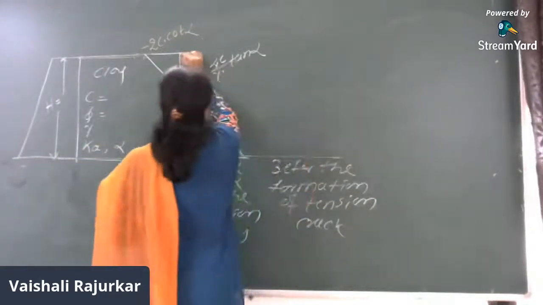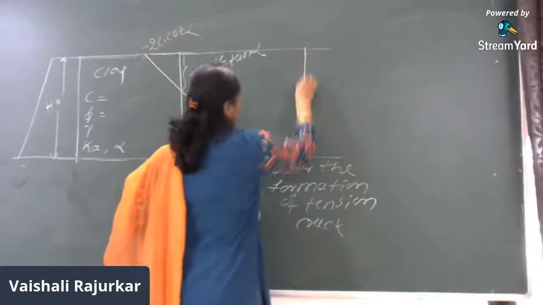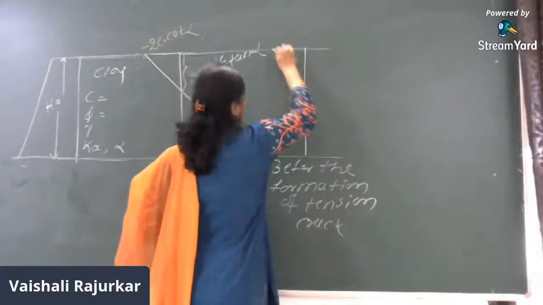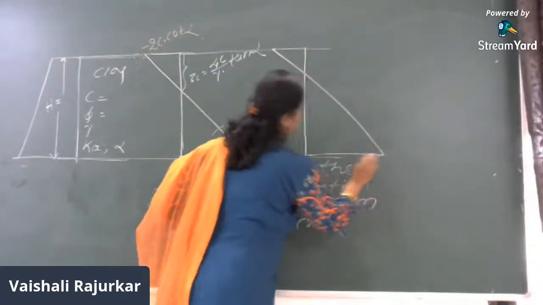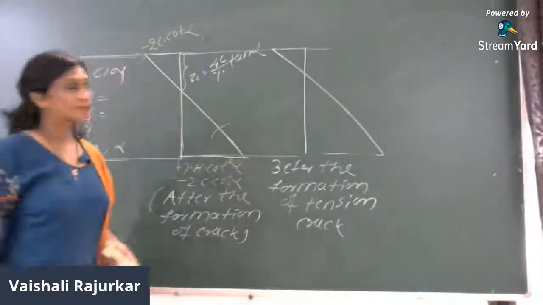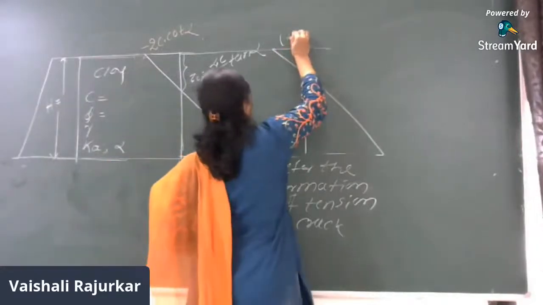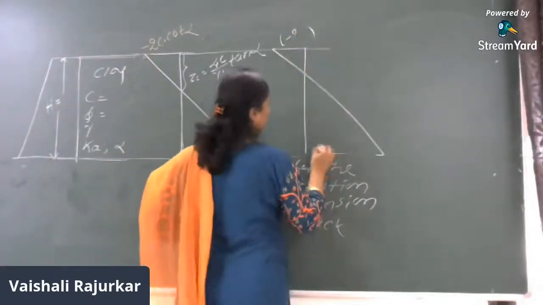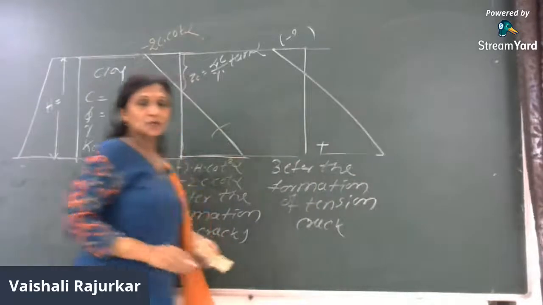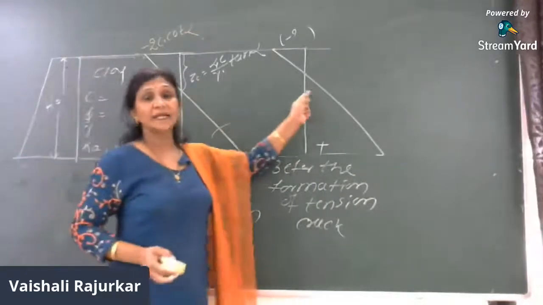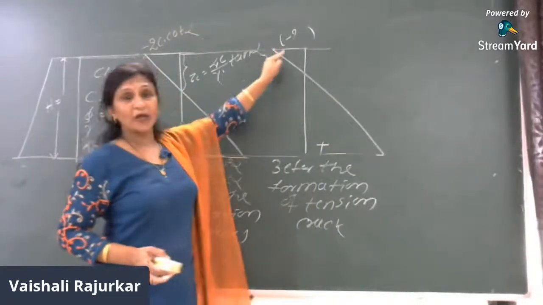So in this case, this will be negative and positive. Both the diagrams are taken into consideration. So whatever is the negative, minus 2c cot alpha, and here it will be plus. So we will calculate the area of the positive, area of the negative.